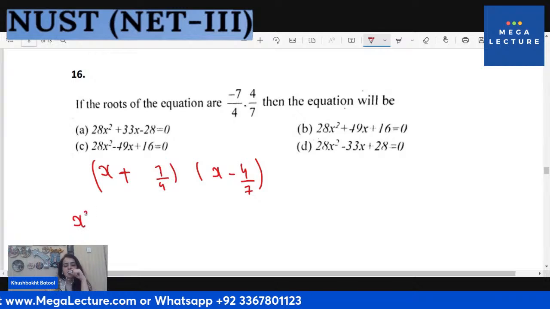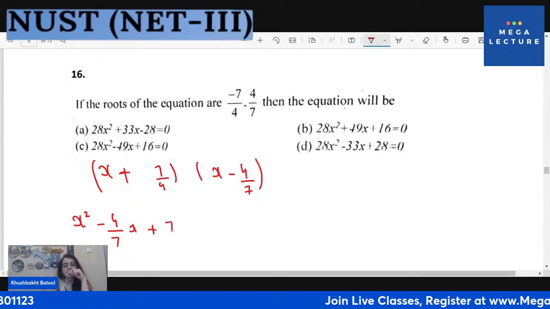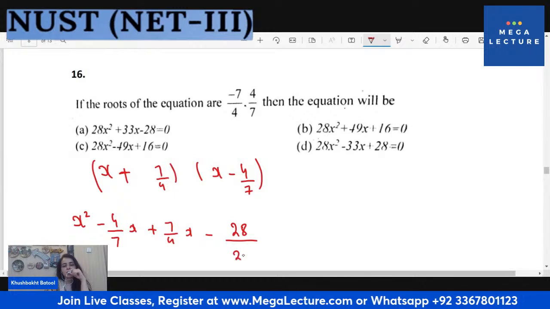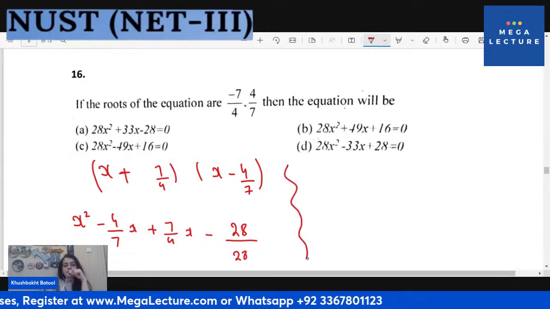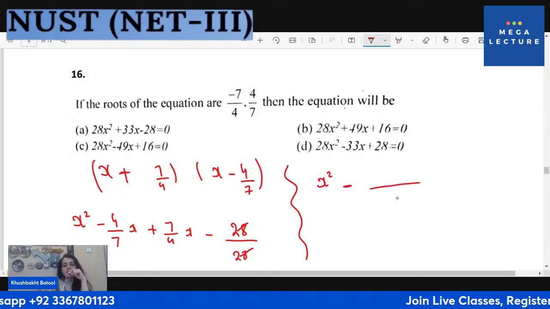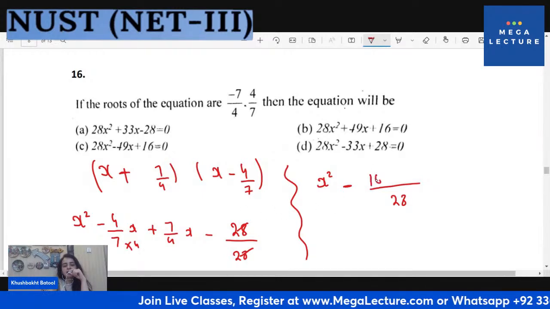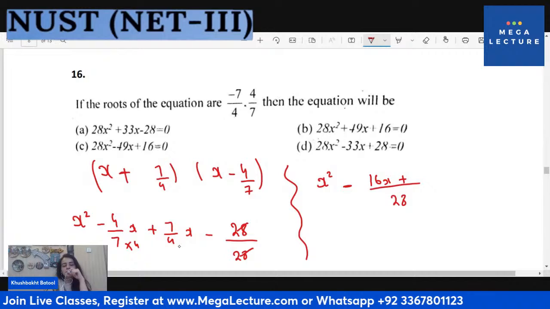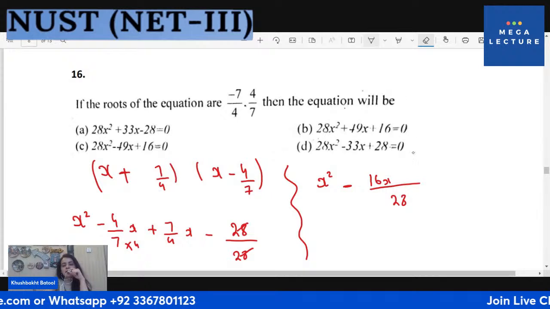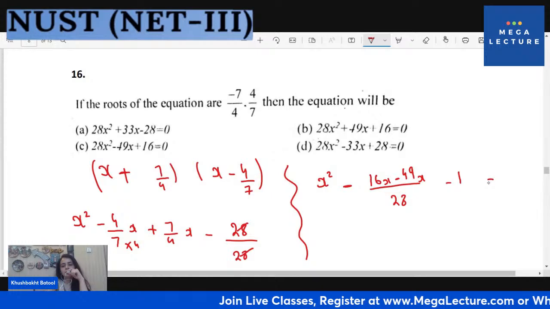So this would give me x squared minus 4 by 7 x plus 7 by 4 x minus 28 by 28. Now I'll simplify this. This would be cancelled. X squared minus is outside, then the LCM would be 28. 4 into 4 is 16x plus 7 into 7, which would become minus because I have minus outside, minus 49x, and then minus 1 equals 0.